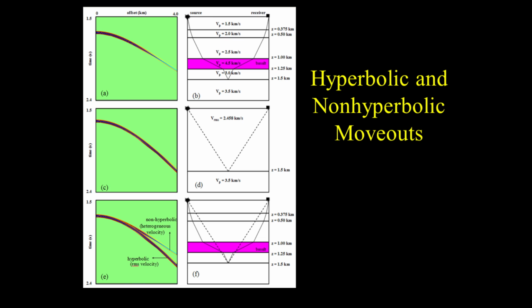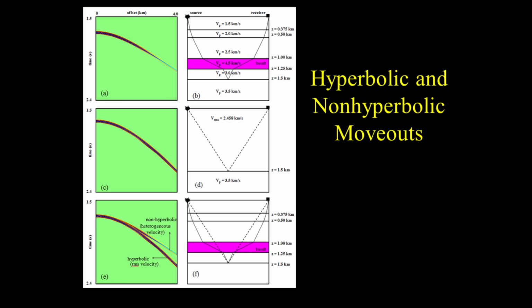The travel time offset relation can be non-hyperbolic. C and D describe a reflected event at z equals 1.5 kilometers for the case in which the background model above the reflector is homogeneous. The travel time offset relation is exactly hyperbolic.